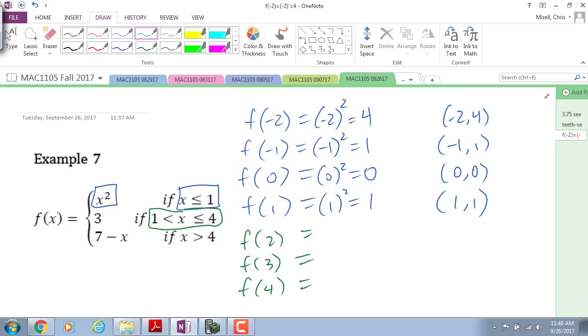They're all 3's, aren't they? If x is between 1 and 4, including 4, but not including 1, f of x is equal to 3. This gives us 3 more points, 2, 3, 3, 3, and 4, 3.